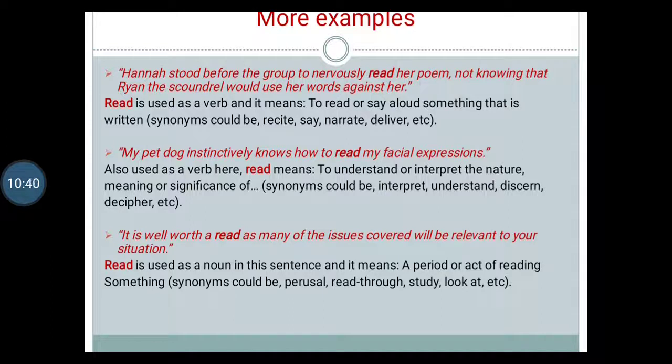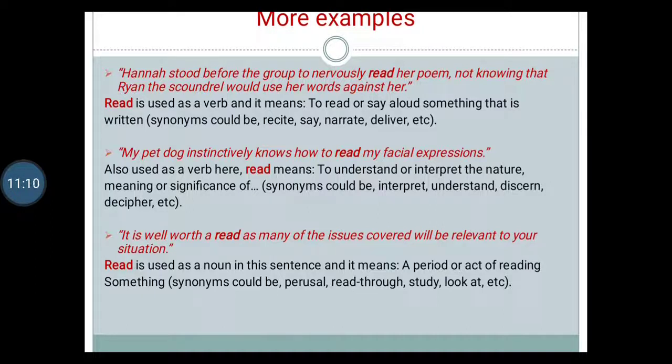Now, the first read had nothing to do with reading aloud, but this read, in this context, talks about reading something aloud. So can you see how read means different things in the contexts in which it has been used? Okay, so like I said earlier, read here means to read or say aloud something that is written.